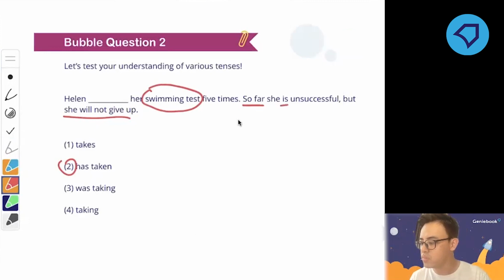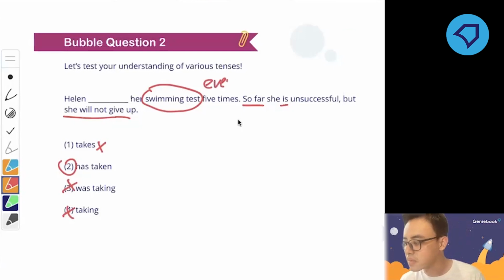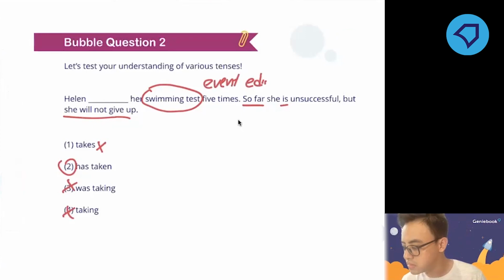So you cannot use takes her swimming test 5 times, even though it's present tense. The 5 times has just been completed. You cannot use was taking for sure because it's past continuous. The 5 times has already ended. Taking is not allowed as well because the swimming test has already ended. So we are emphasizing this event ending.